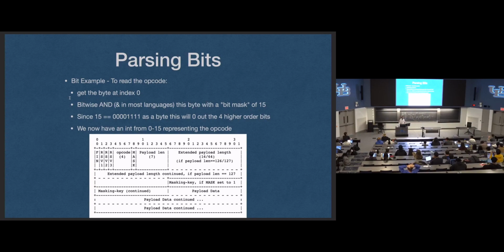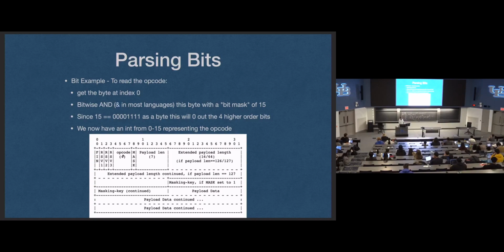So if we have these first 8 bits as an integer value from 0 to 255, we could say we want to read this opcode. What we can do is mask out the bits that we're not interested in, using a logical AND operator.